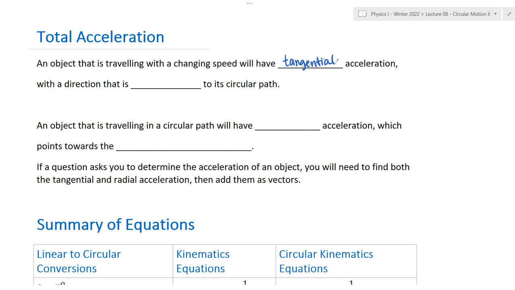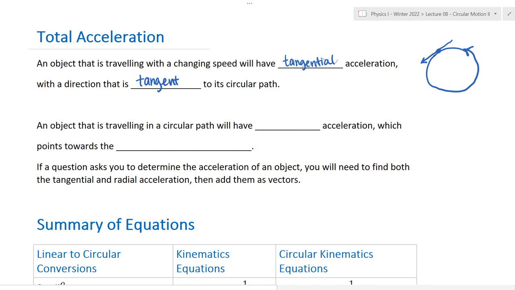The direction of that acceleration is tangent to the circular path. So if you're traveling in a circular path, going in this counterclockwise direction, and at this moment in time you're right here, then your tangential velocity would be traveling that way.